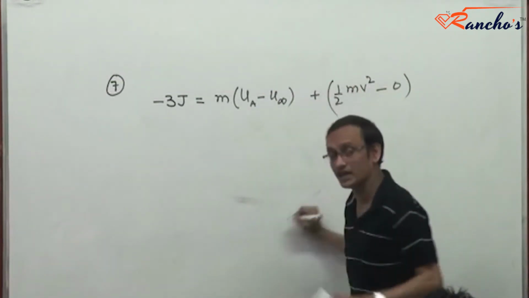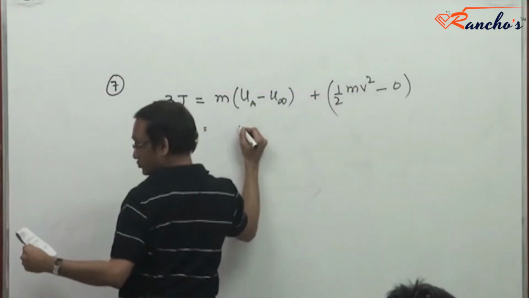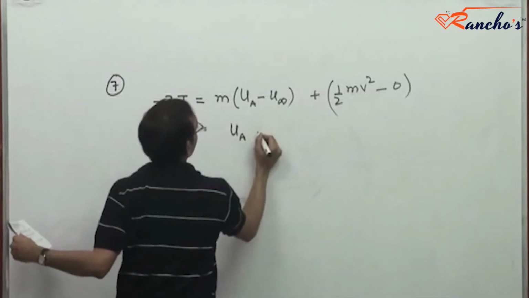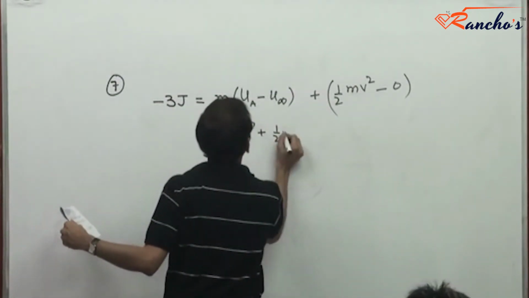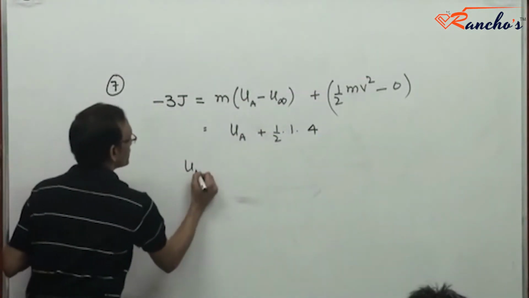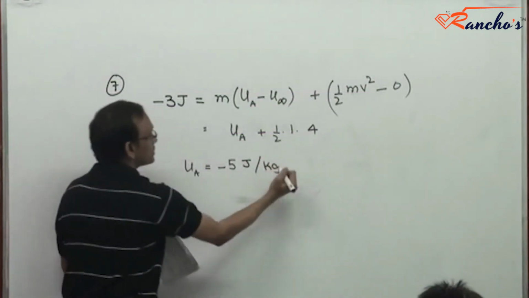That's the change in kinetic energy. Clear? So m is given to be 1 kg, U at A is what we want to obtain, and this is half into 1 into v squared. So U_A then turns out to be minus 5 joules per kilogram.